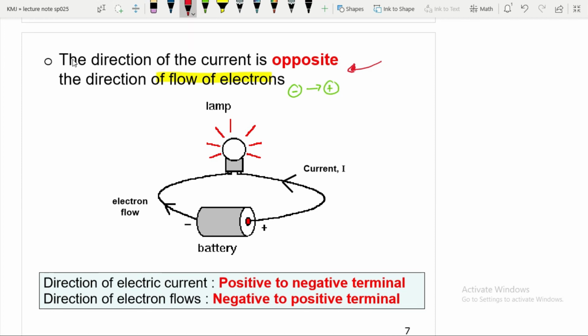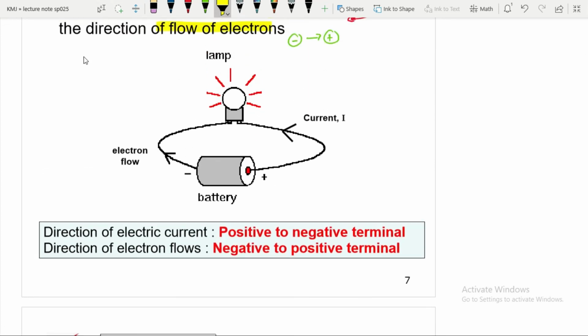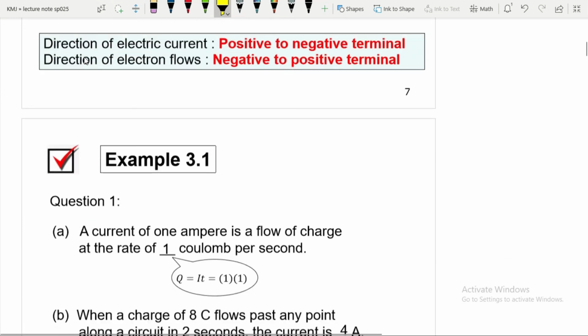But the current is flowing from the positive terminal to the negative terminal. Okay, so the direction of the current is opposite to the direction of flow of electrons. Alright, so this diagram explains what happens to the direction of current.